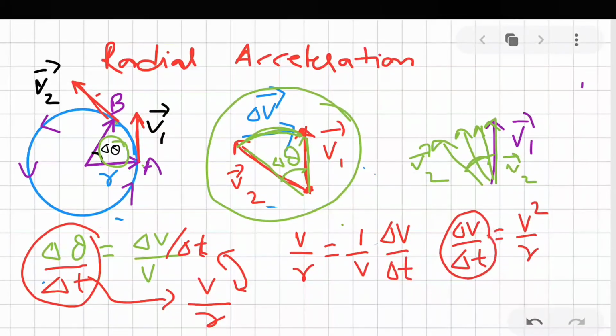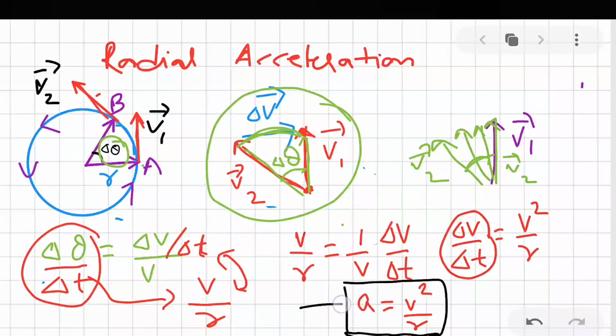This is the acceleration. So we have a is equal to V square by R. This is the expression for acceleration.